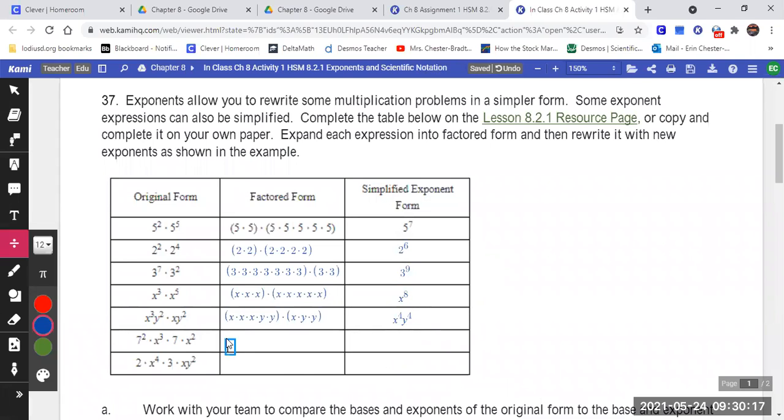Okay, so each one of these pieces gets spread out separately, but when we do the simplified, we pull the same parts together, just like we did with the letter one. So what am I going to say my first parentheses is?